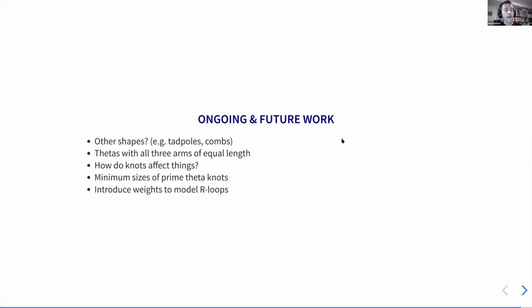This Wang-Landau algorithm is trying to flatten over a histogram. If I'm measuring thetas by the length and by the size of the shortest arm, then the number of things in that histogram scales like n squared. So you're trying to flatten over a histogram whose size increases quadratically.